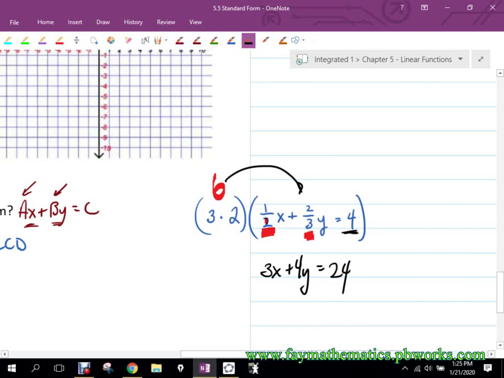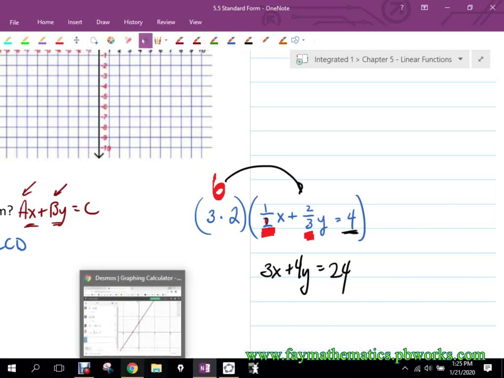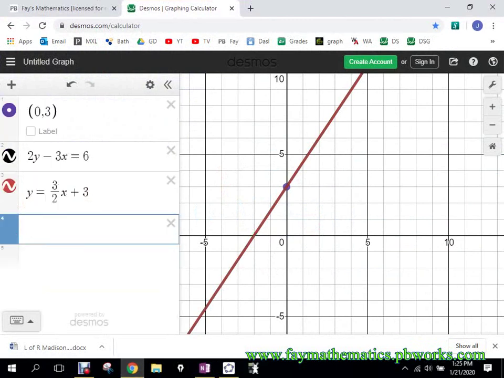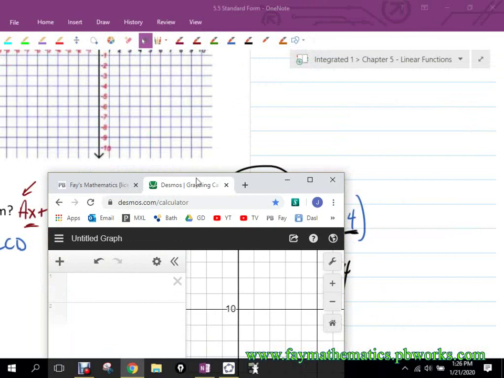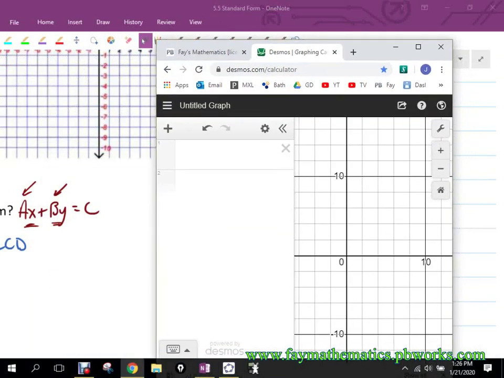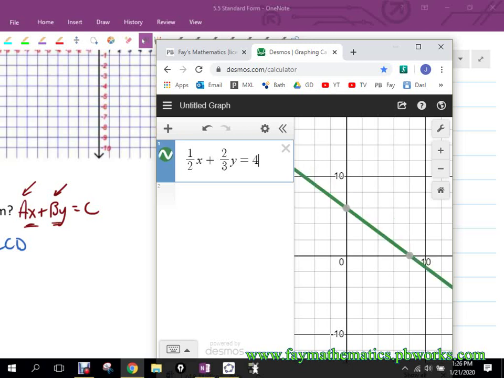The quickest, easiest way, guys, to check these, to see if you've got the right format, is go to Desmos. Now, Desmos is a really nice graphing calculator because we could type in 1/2 x plus 2/3 y and set that equal to 4, and it gives me that line, right?